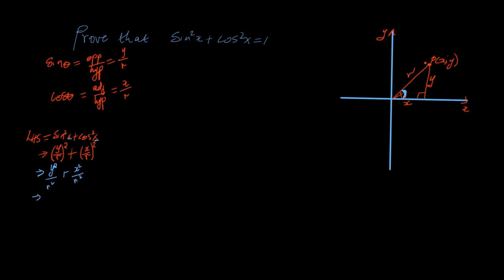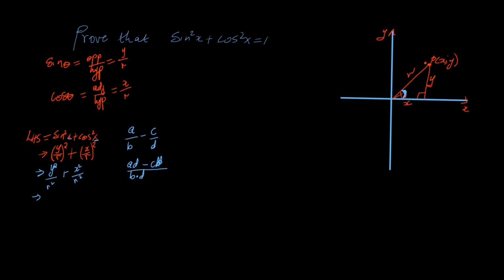Moving forward, we can even apply the butterfly method. When we have a divided by b plus c divided by d, we can safely write this as a multiplied by d plus c multiplied by b, all divided by b multiplied by d. So let's quickly apply that.